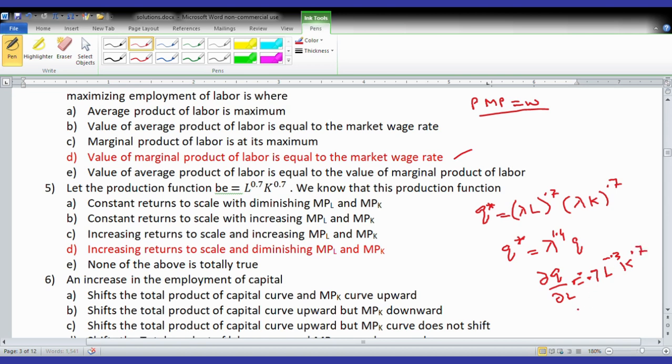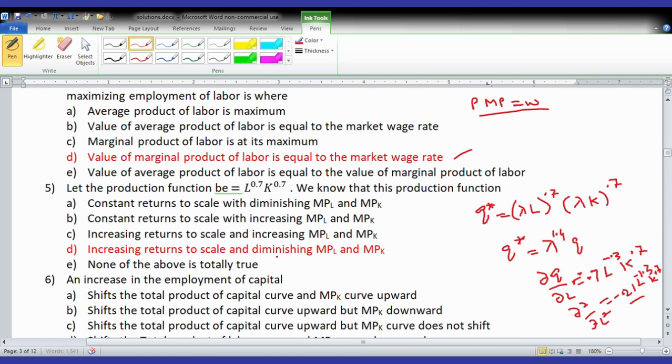And then if we take the second derivative, d squared Q over dL squared, it will be negative because this minus 0.3 will be coming down, so we will have minus 0.21 L raised to power minus 1.3 and K raised to power 0.7, and this is negative. So this means marginal product of labor is diminishing.